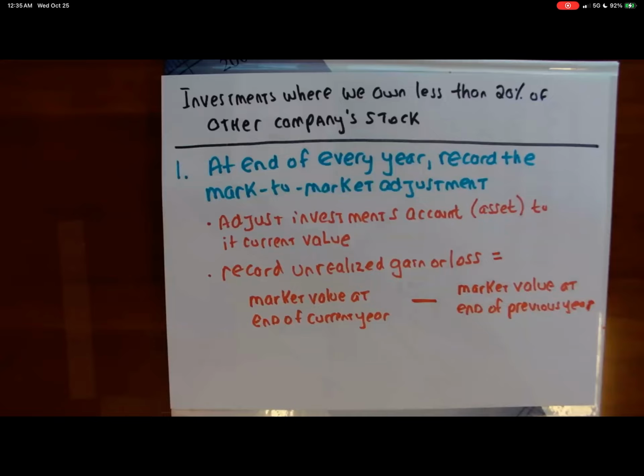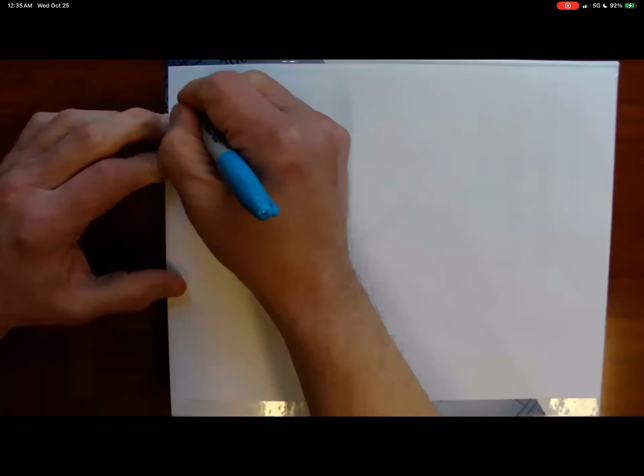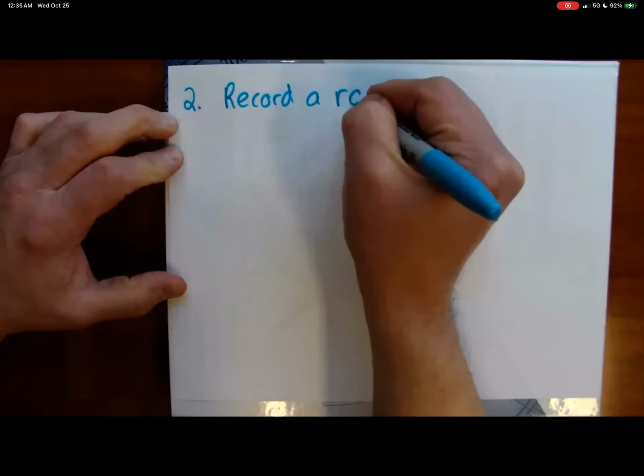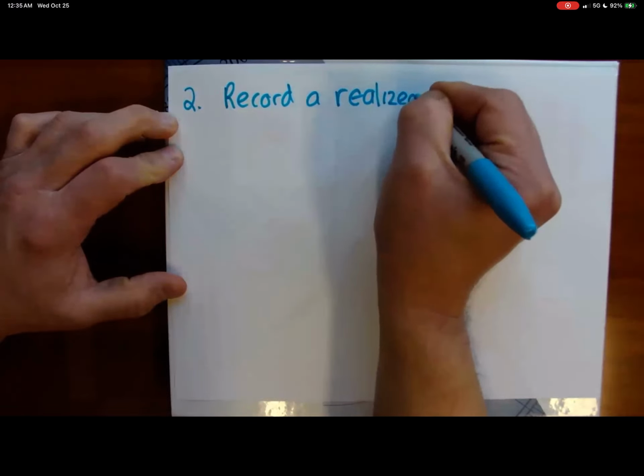I'm going to flip over to another piece of paper. The second piece of accounting that has to be done here is we will record a realized gain or loss.